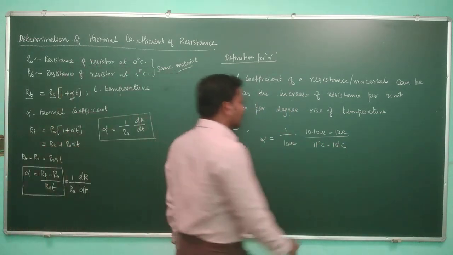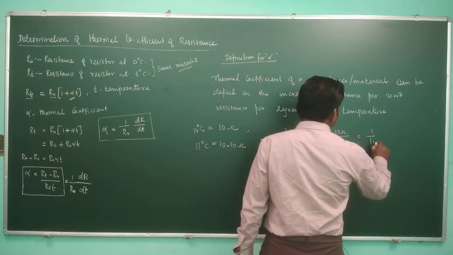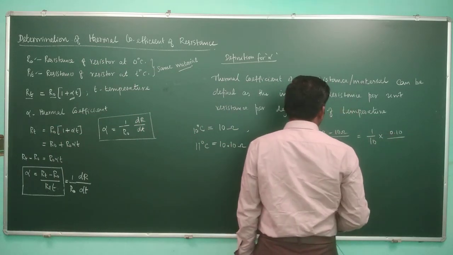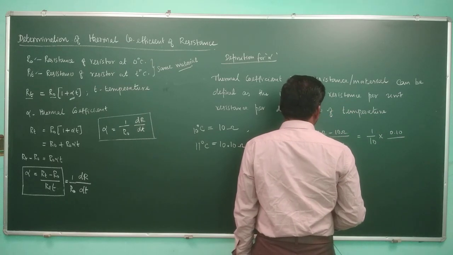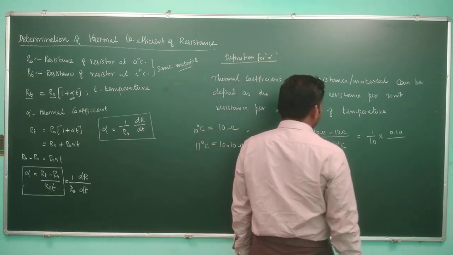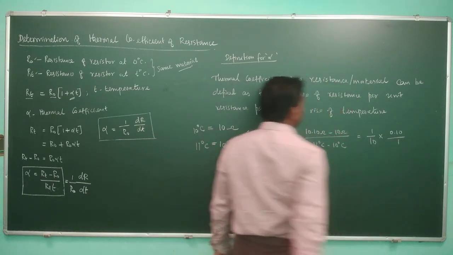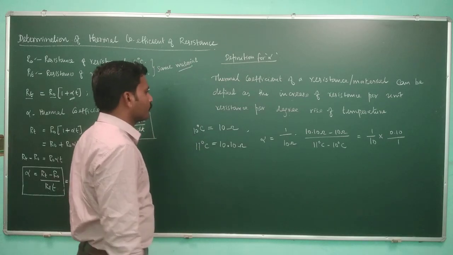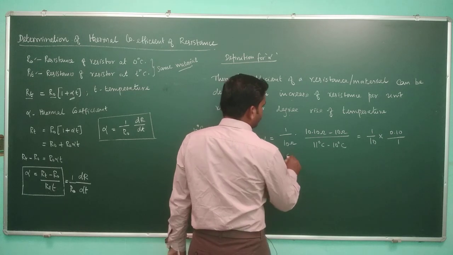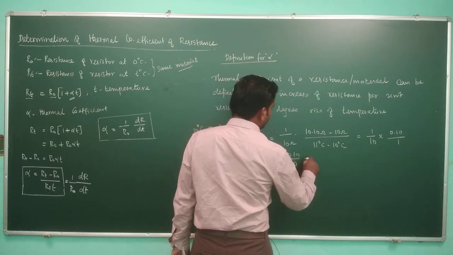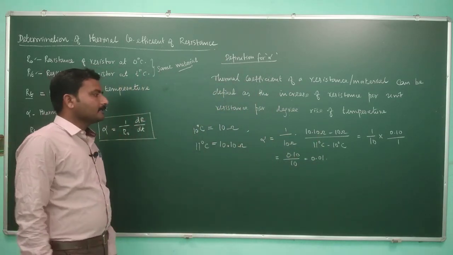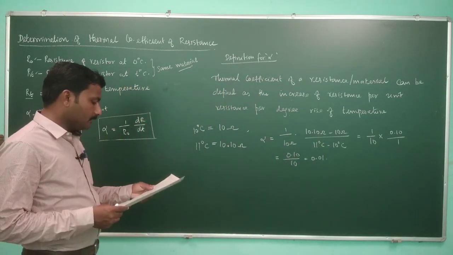So this becomes 1 by 10 multiplied by 0.10 divided by 1. 0.10 divided by 10 becomes 0.01. 0.01 is the thermal coefficient of the material.